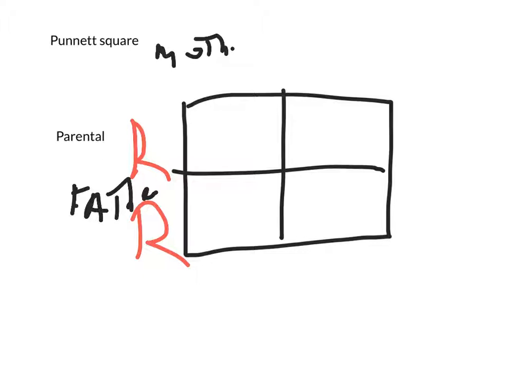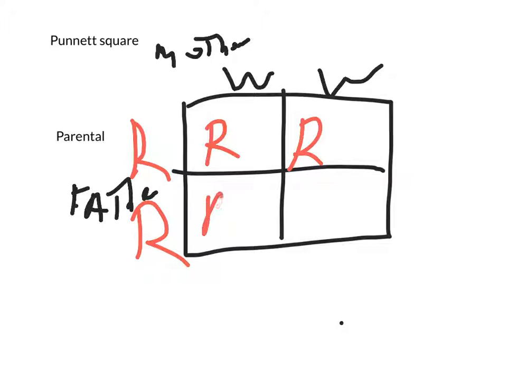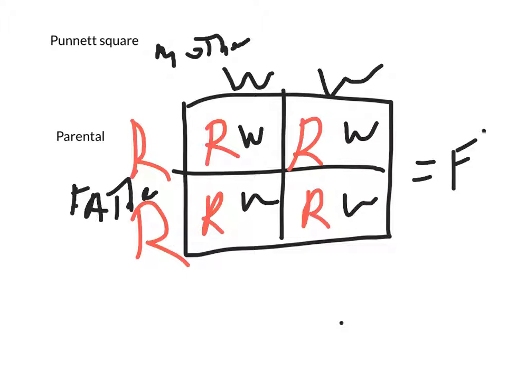Mother is white, WW, even though I'm using black. So for the parental generation, we were always going to get R, R, R, R, and W, W, W, W, right? This is equal to the F1.